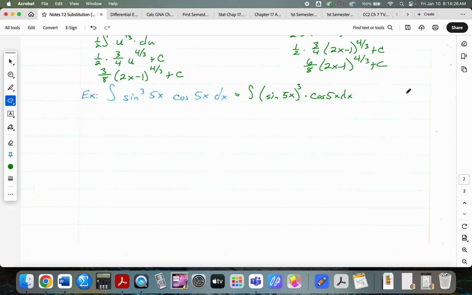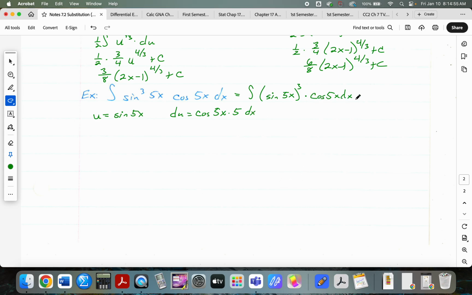So we have a composite function multiplied by a function that is at least close to the derivative of the inside function. It's not quite in this case. If we let u be equal to sine of 5x, then du would be cosine of 5x, but because of the chain rule, times 5 dx.